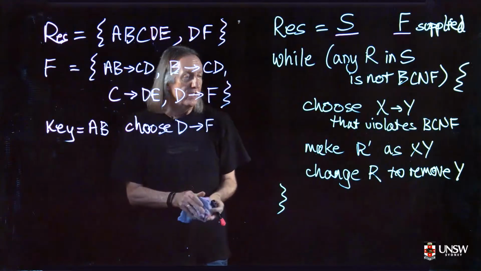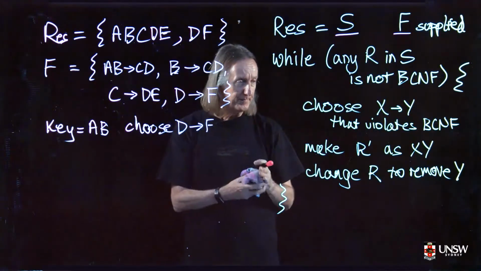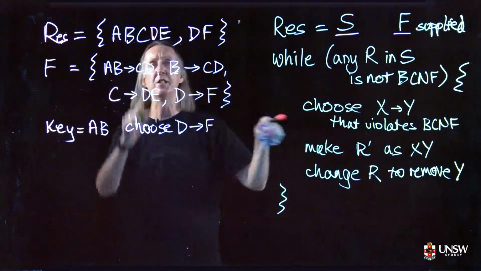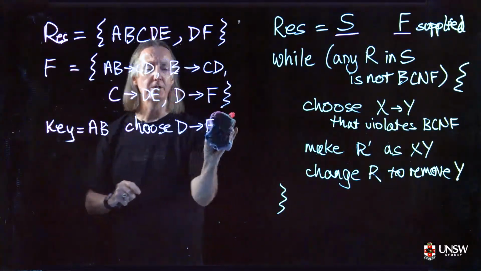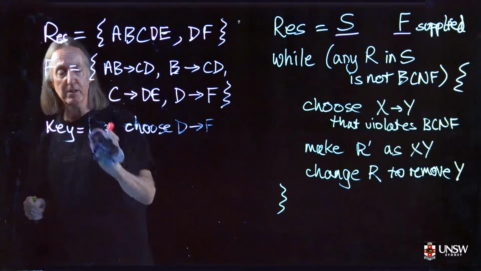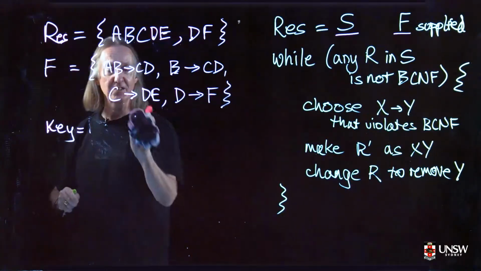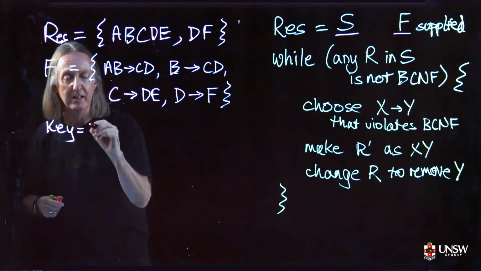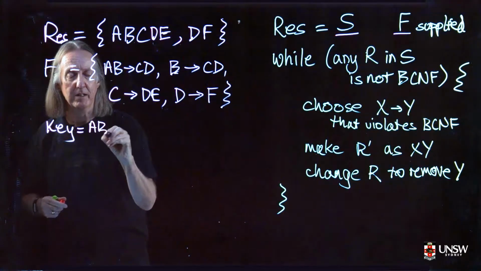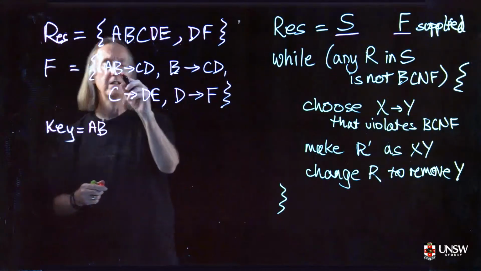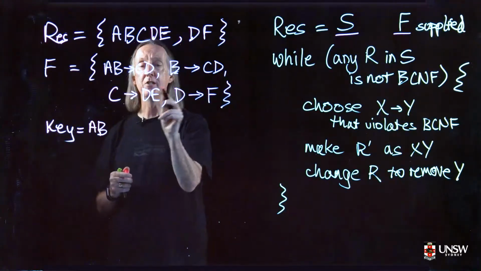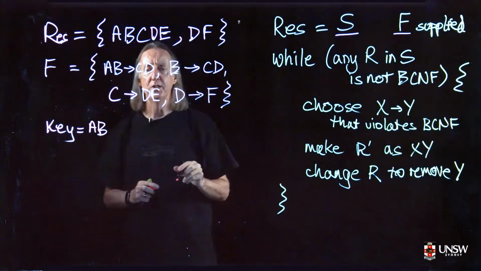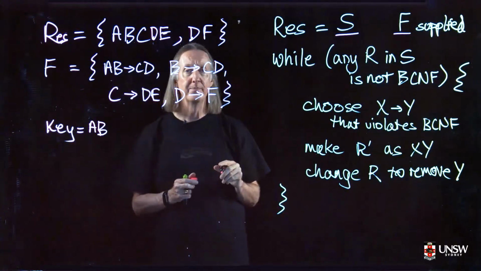All right, so we can continue, go around the loop again. Oh, change R to remove Y. I've done that as well. Oh, I shouldn't have rubbed out the key because this key is actually still in play. AB determines CD, C determines DE. That determines all of the attributes, so that is still the key.